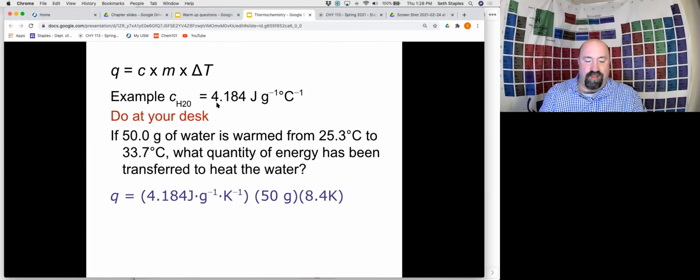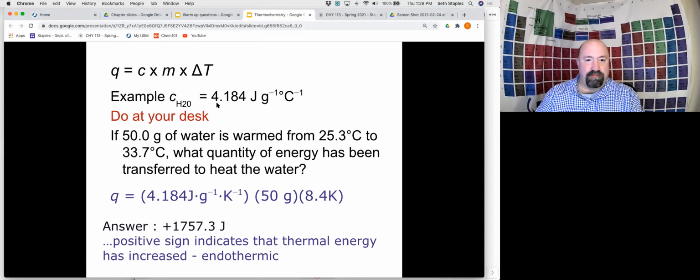So we plug that in and we get 1757.3 joules. And my sig figs are definitely off there. Don't worry about that. I'll see if I can fix that later. But if you noted that this should have 3 significant figures, you're absolutely correct. And so our final answer would have had to have 3 sig figs there.